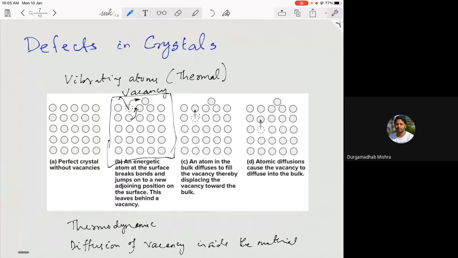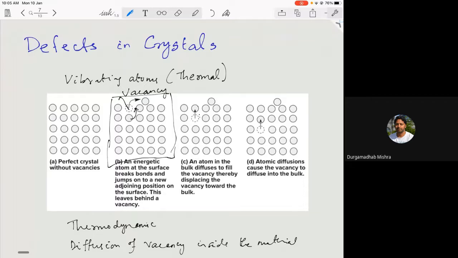Now, this defect can actually move in the crystal as well. And how will it move? Since there is a vacancy here, this defect we are calling a vacancy, because there is no atom, the place is vacant, so it is known as vacancy.